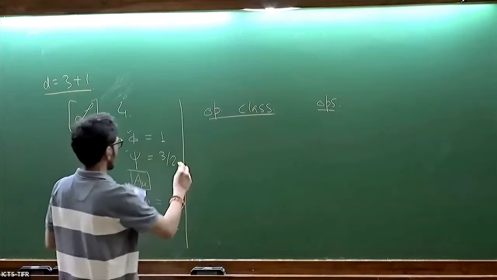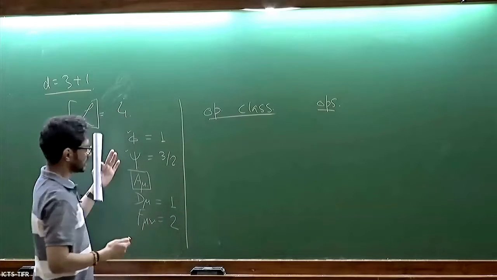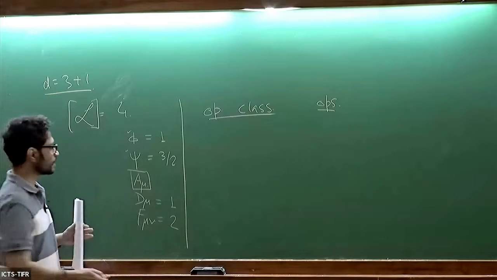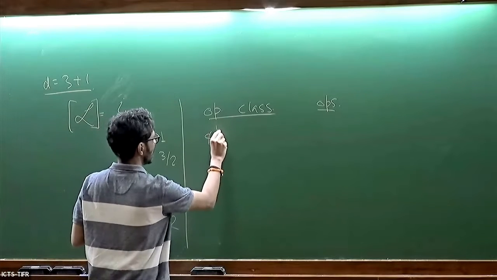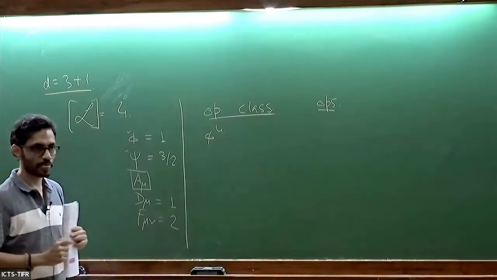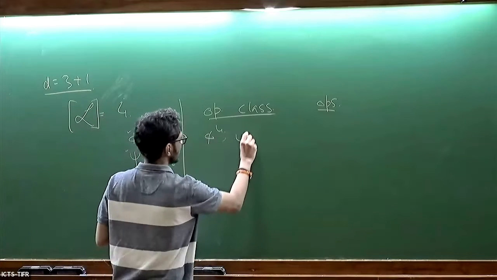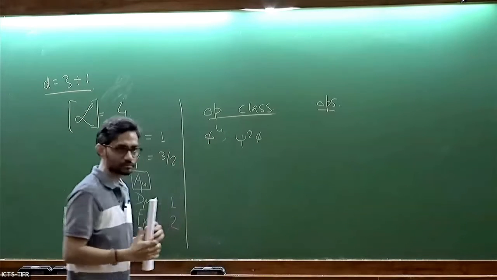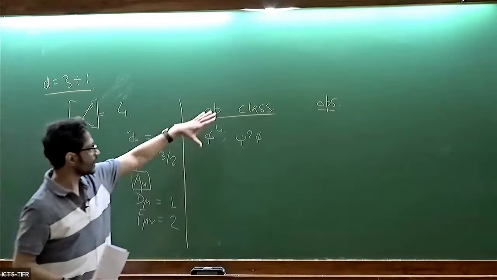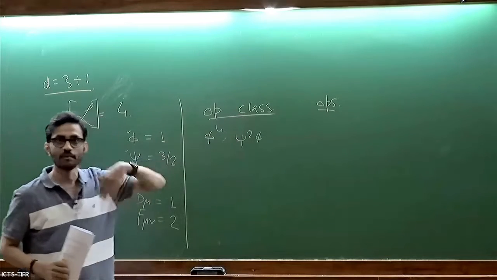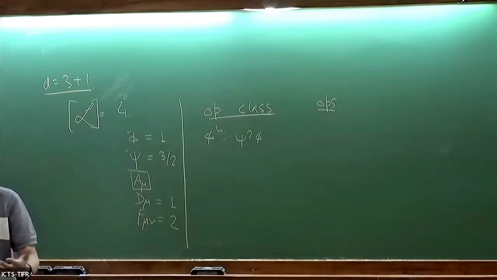For example, if we think about the renormalizable part, what are those? I have a phi 4, right? I have a psi square phi. Now you see, when I'm writing the operator class, I am writing in terms of a polynomial. I am not worried about whether I'm writing a psi bar psi phi, a proper Lorentz scalar, and so on.